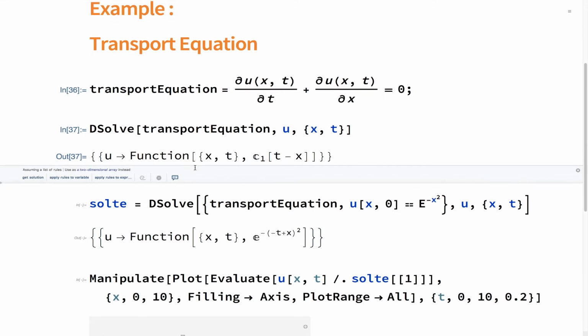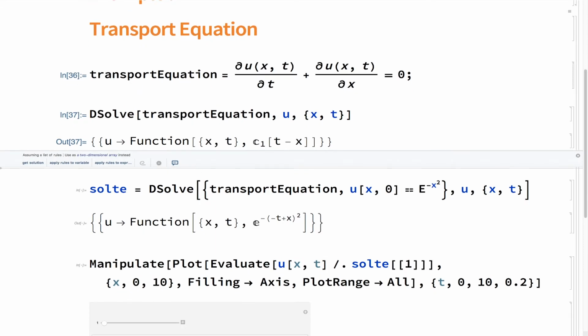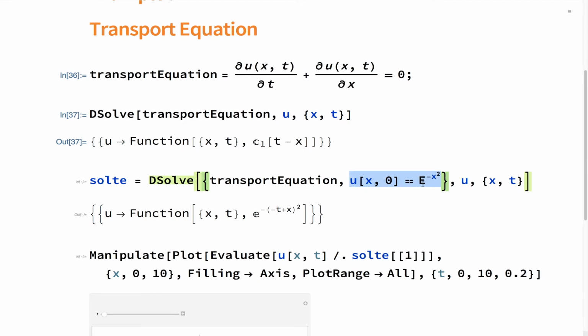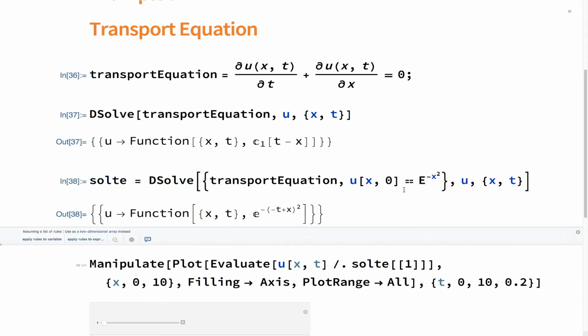To get a particular solution of the transport equation, you can give an initial value. So I can give the initial value, u of x, 0 is equal to e raised to the power minus x squared in this scenario, and you can solve it with the initial value. And now you see there are no arbitrary constants available over here.